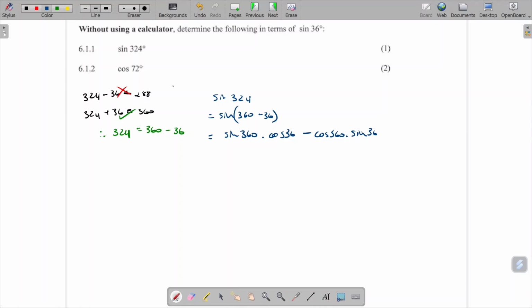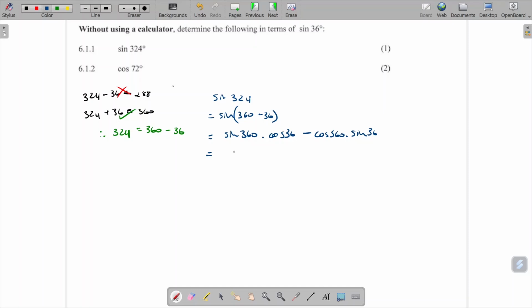Okay. Now, we could have done this using a straightforward CAST diagram, but I'm trying to do it for you as though we were doing one with the compound angles. Okay. We know that sine of 360 is naught. Cos of 36 doesn't make a difference because it's going to be multiplied by naught eventually.